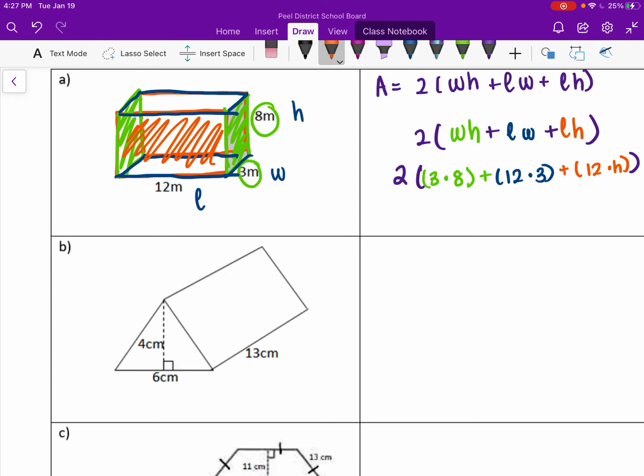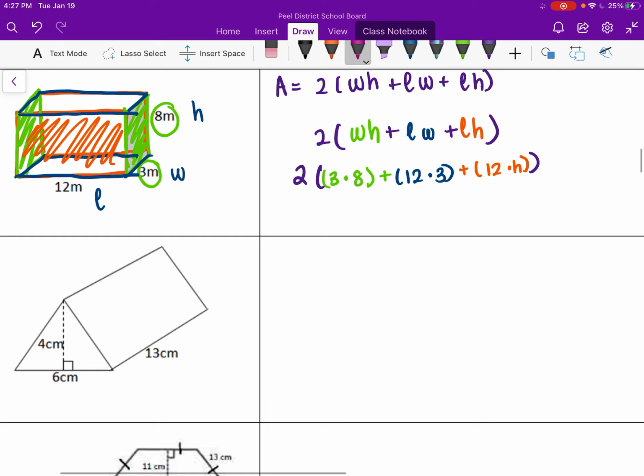So let's just go in and put them down. Let's just fill in this equation. So I'm going to do 2 times 3 times 8 is just 24. Oh, sorry. Yeah, 24. 12 times 3 is 36. Right? And then 12 times height.